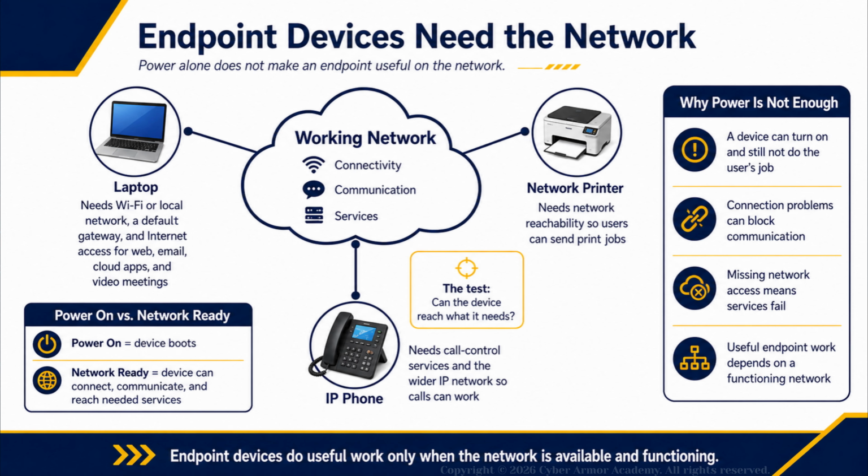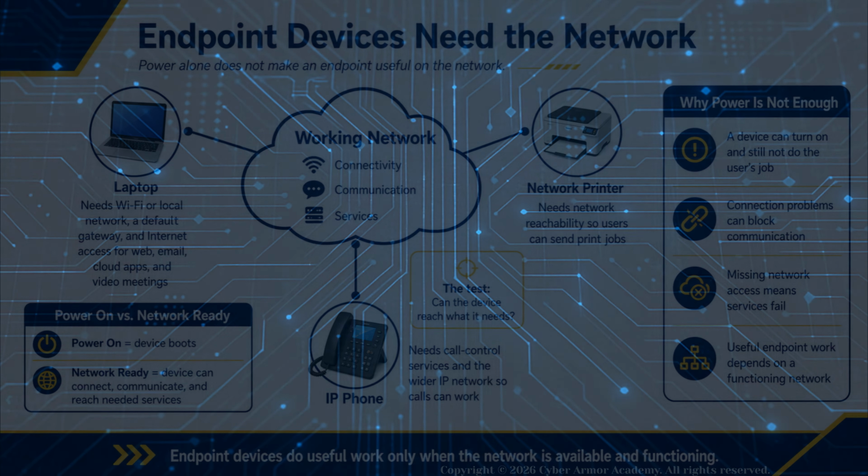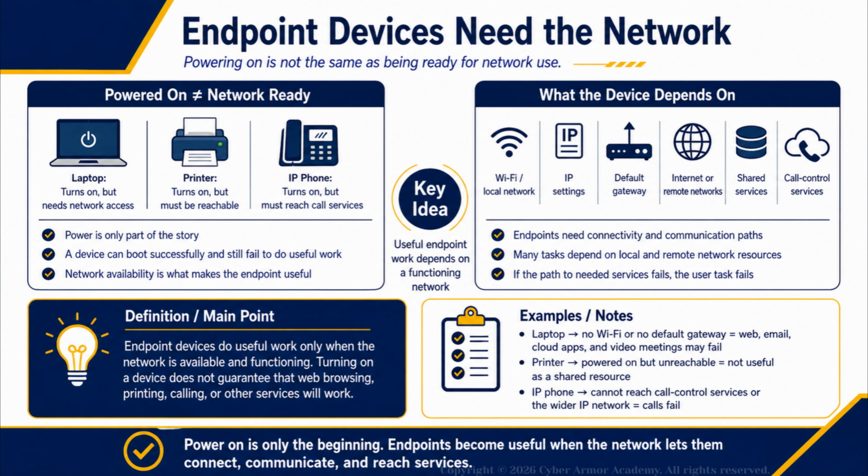For example, a laptop can turn on, but if it cannot reach Wi-Fi, the local network, the default gateway, or the internet, then web browsing, email, cloud apps, and video meetings may all fail. A printer can power on, but if no one can reach it across the network, then it is not very useful as a shared resource.